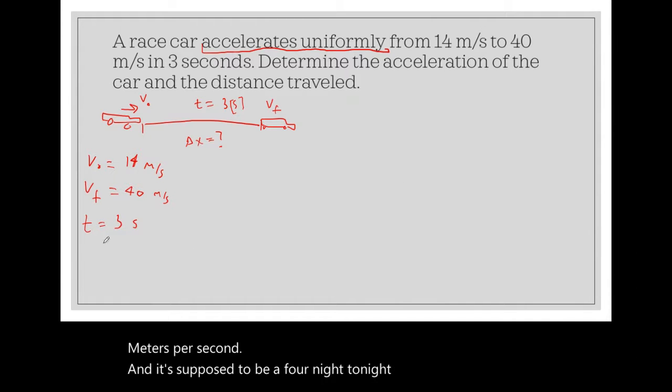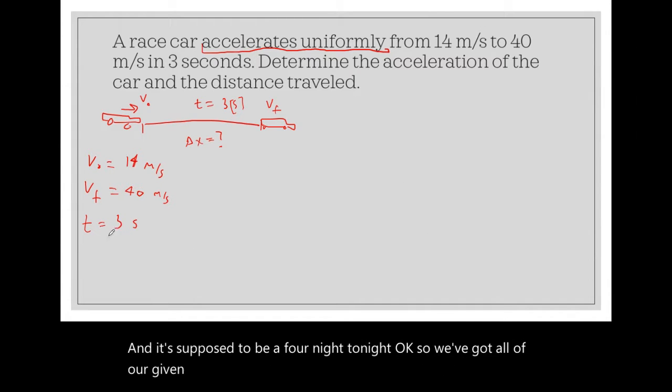Okay, so we got all of our given stuff, and we want to find the acceleration. So we go back to our kinematic equations, and we say, okay, we're given a final velocity, an initial velocity, and the time. Which one of these can I use to solve for the acceleration?